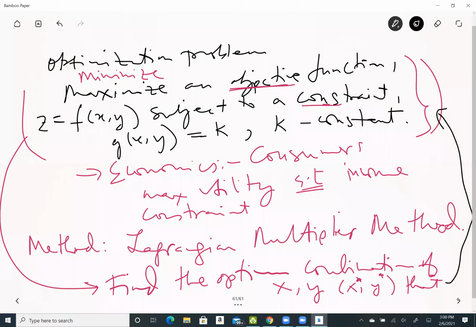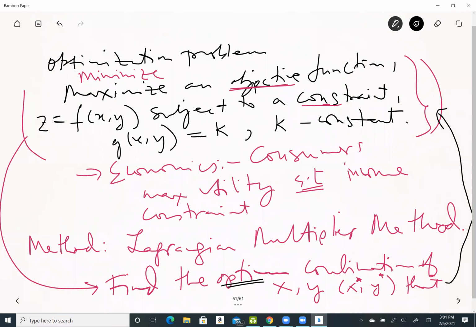The optimum point is the point that will solve the problem, where you have maximized the objective subject to the constraint.